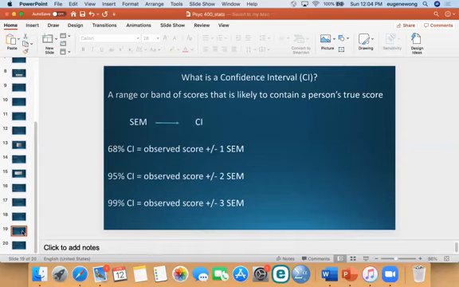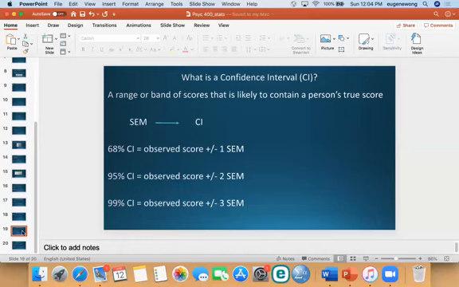For our purposes, when we're talking about testing and evaluating kids, we want to be as sure as possible. So we're either going to use the 95% confidence interval or the 99% confidence interval because it makes sense to say, I'm 95% sure that given your kid's performance today, his or her real performance is going to fall between this score and that score.